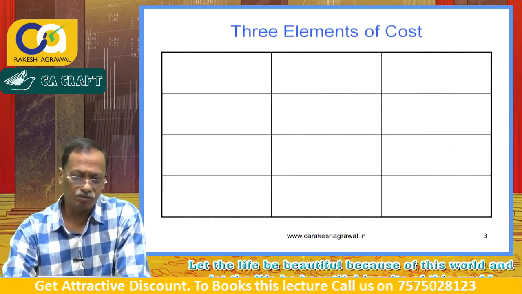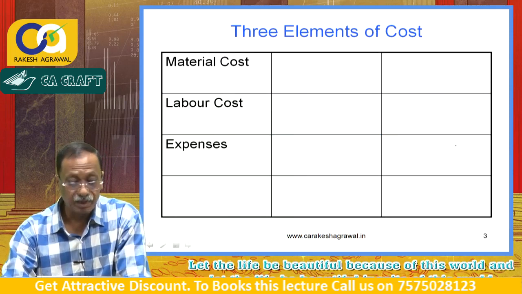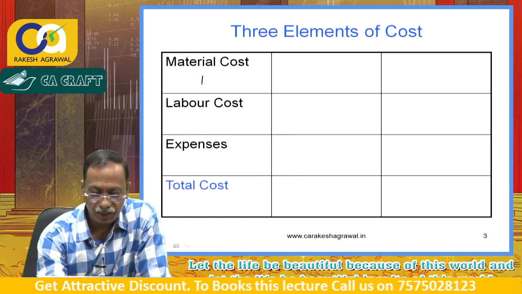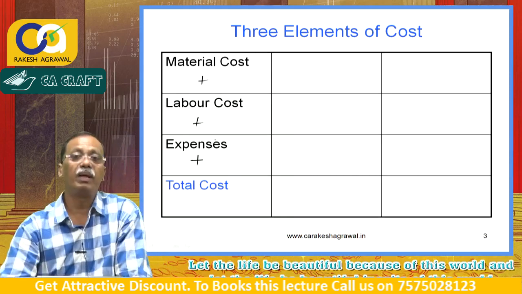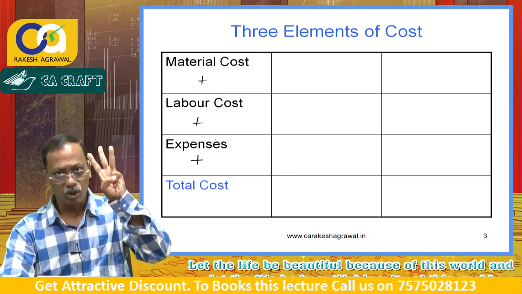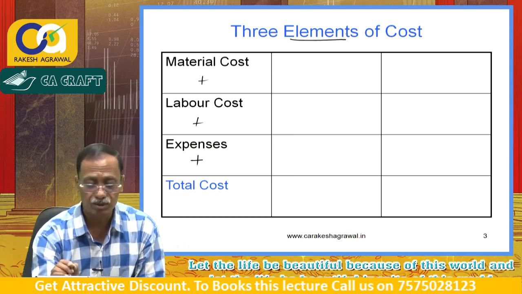Three elements of cost, that is material, labor and expenses, and the total of these three is total cost. So material cost plus labor cost plus expenses makes total cost. Total cost is divided in three parts, which you may call three sacrifices or, more popularly, three elements of cost.